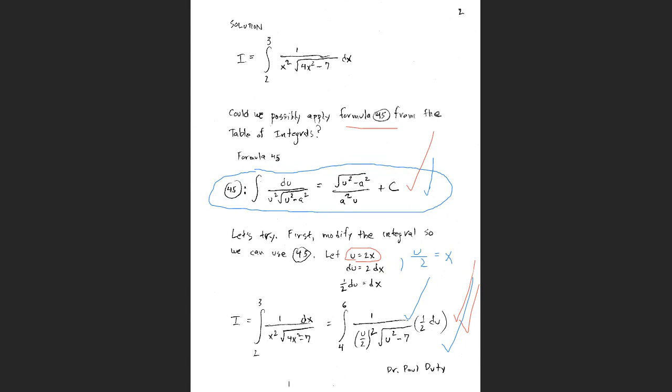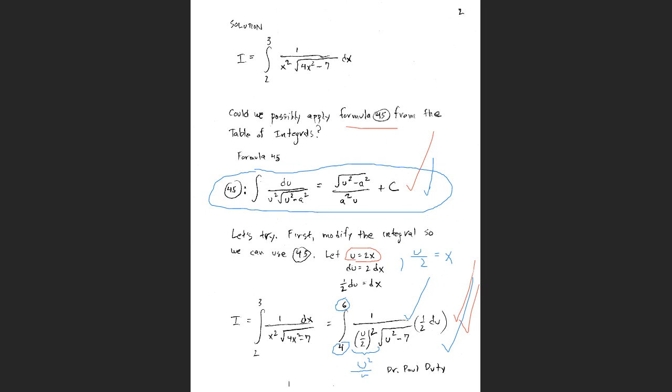If u equals 2x, the x limit of 3 becomes a 6, and the x limit of 2 becomes a 4. So the u limits change because we are making a substitution. Now u over 2 quantity squared, by the way, that's u squared over 4, right?